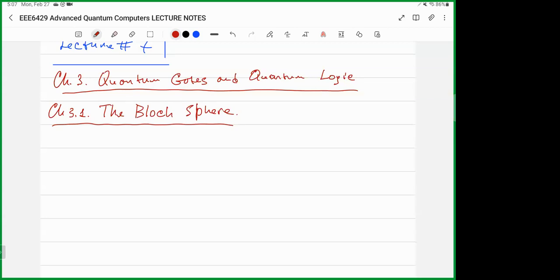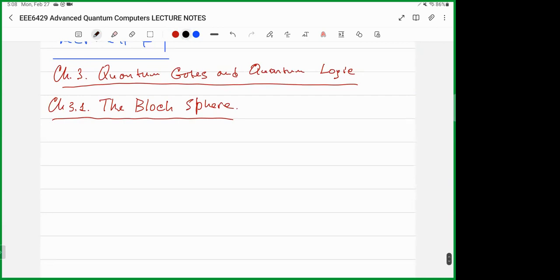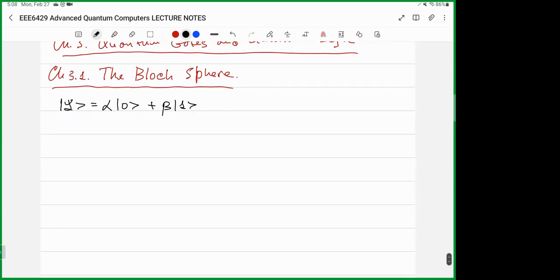system. Basically, a one qubit system has an arbitrary wave function psi, which is equal to some alpha |0> plus beta |1>. So this is the general psi vector of a qubit, and the Bloch sphere helps us to represent this state of a single qubit.